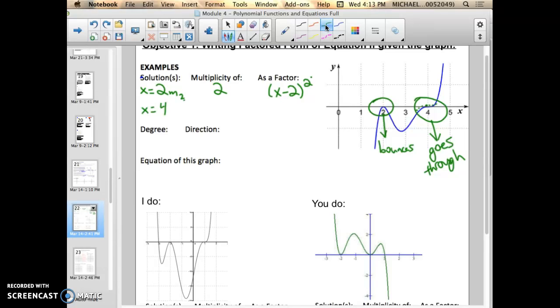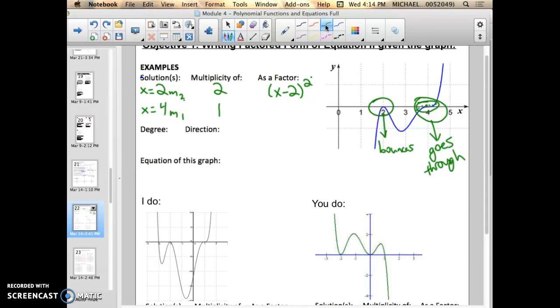It's still an odd multiplicity, but it's technically a higher multiplicity than 1. It's probably a multiplicity of 3 or 5. And what that does is it just stretches out that intersection point, makes it wider. But for the purpose of this lesson, I care that you know that it's an odd multiplicity, and we're going to use the multiplicity of 1.